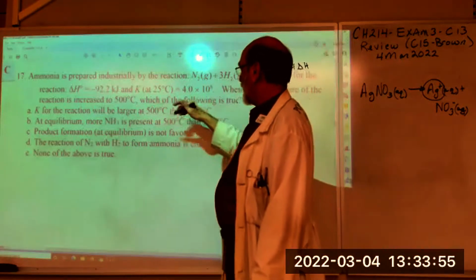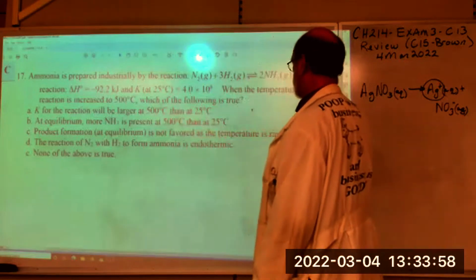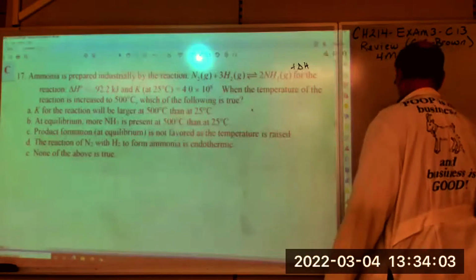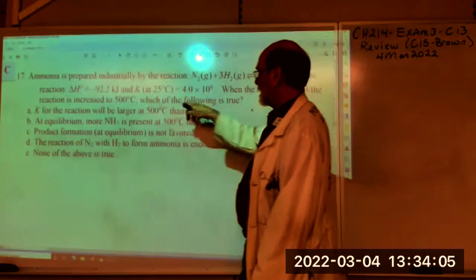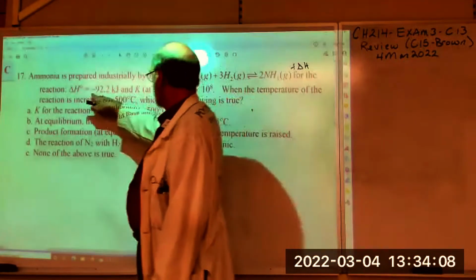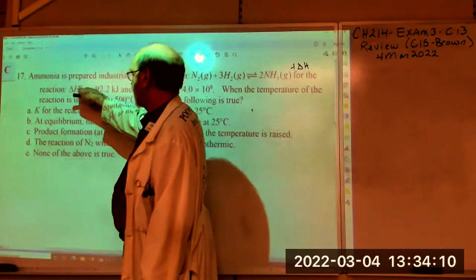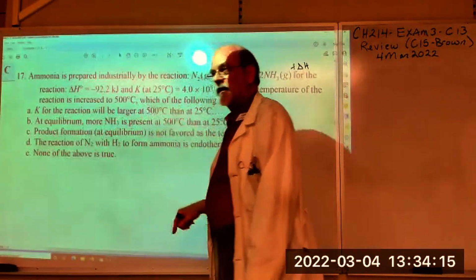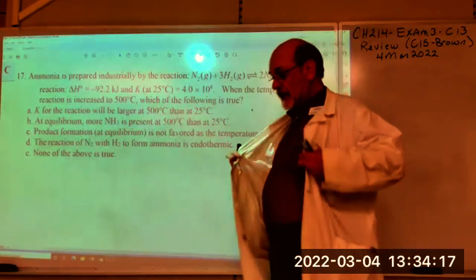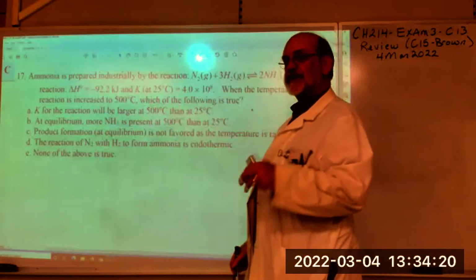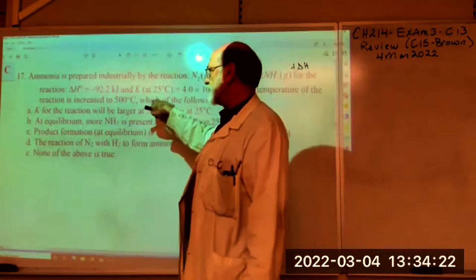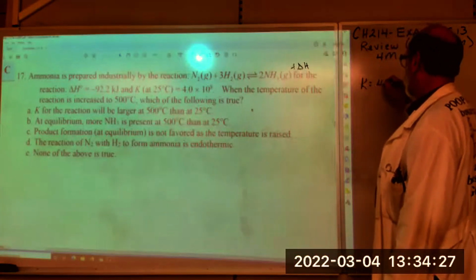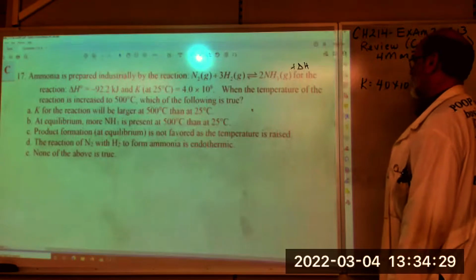And K at 25 degrees, which is standard temperature for reactions. It's not standard temperature for the gas laws, but it's standard temperature for chemical reactions, 25 degrees. So that K is equal to 4 times 10 to the 8th.